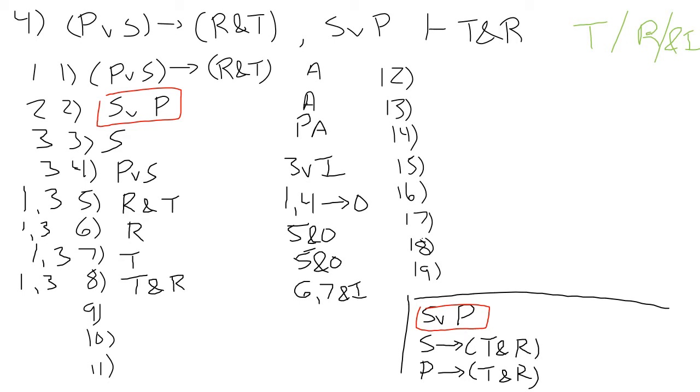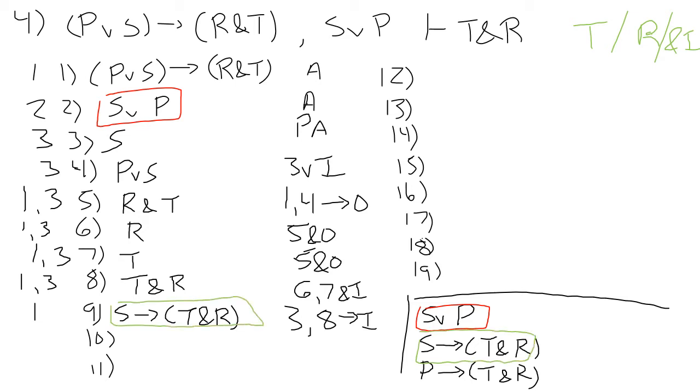Then we can build our conditional statement from S, arrow, T and R. And that will be from 3 and 8, arrow in. 3 and 8 has 3 and 1 and 3, but the 3 will drop out here. So that's one of our conditional statements.